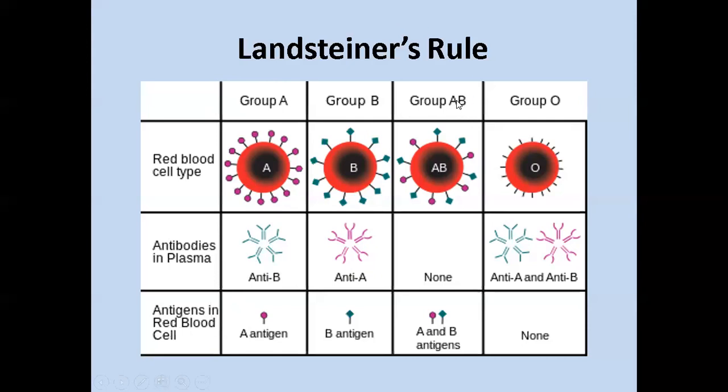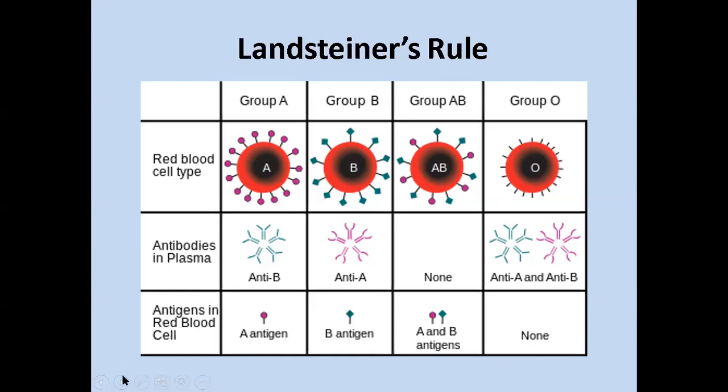When we look at the unique individuals that are type AB, they have both antigens on their red cells, and since they have both, they don't have any naturally occurring antibodies. They wouldn't have anti-A or anti-B because they have both of these antigens. And then finally, group O, they have neither A nor B antigen, so they're going to have both anti-A and anti-B in their plasma.